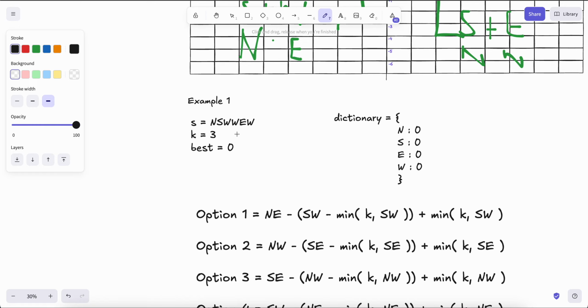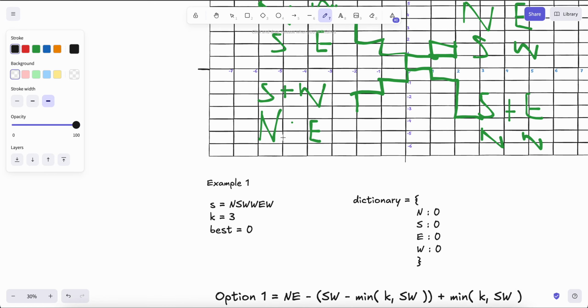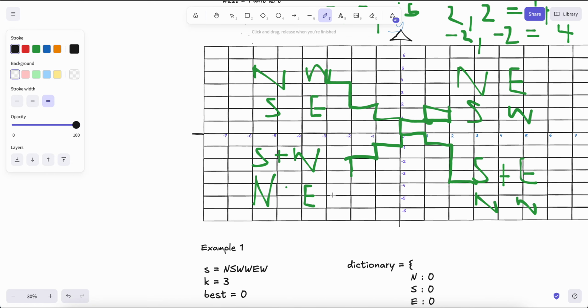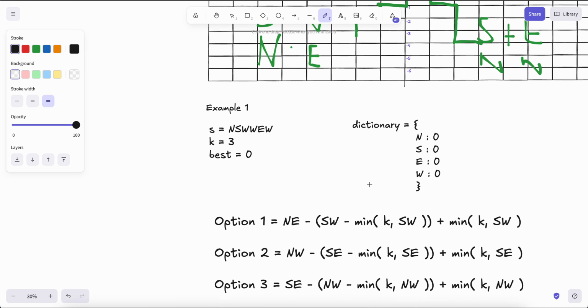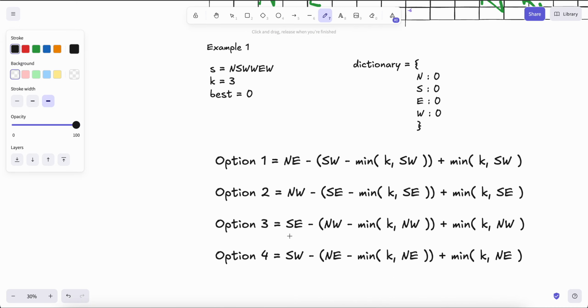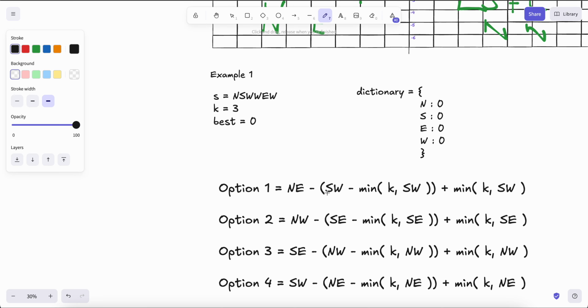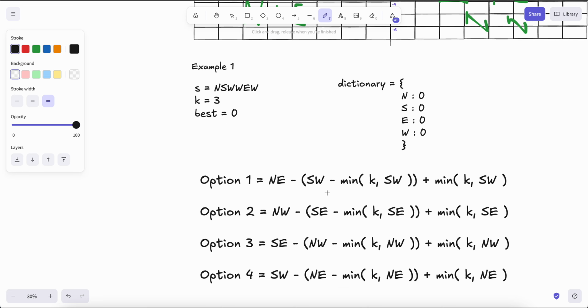So moving on, how are we going to solve this problem? The main idea is that we have to consider these 4 different directions, which are northeast, northwest, southeast, and southwest. And we also have to minimize the opposite direction.